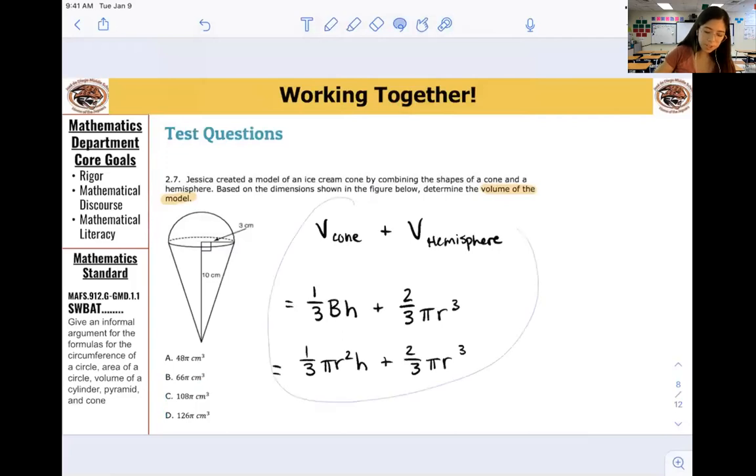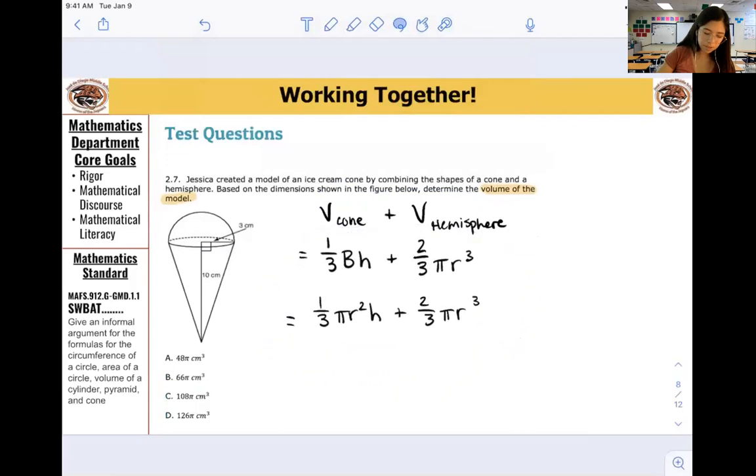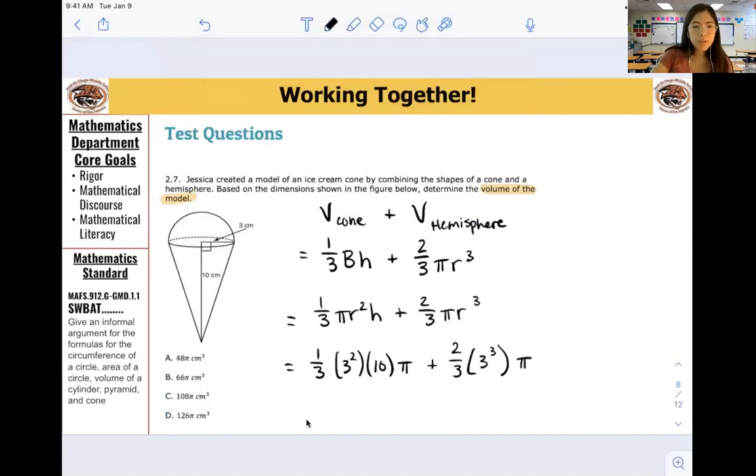And for this question, technically, this would have been on the no calculator section. Or maybe, oh no, this one was in the calculator section. Okay, well, let's try to do it without a calculator because we can. So 1/3. Radius is 3. Height is 10. And again, the radius is 3. 3 to the power of 2 is 9.